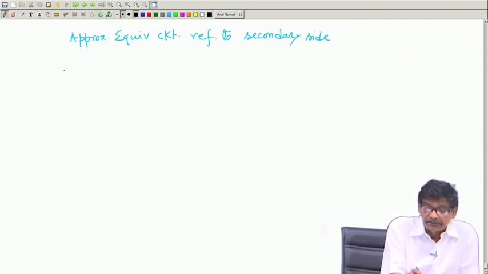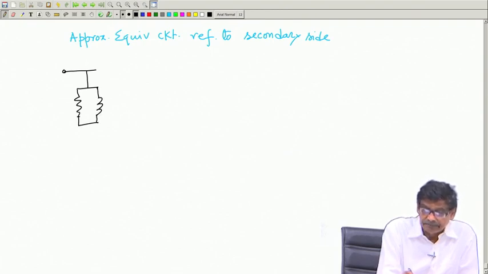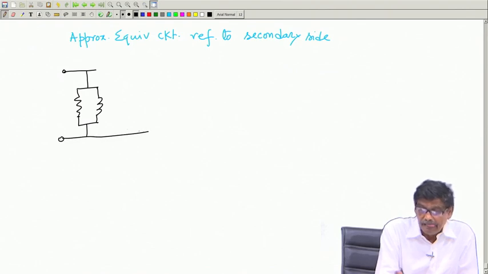Equivalent circuit, referred to the secondary side, we have already drawn all parameters. Now it will look like the same thing, only this is RCL2, this is XM2, referred to the secondary side.